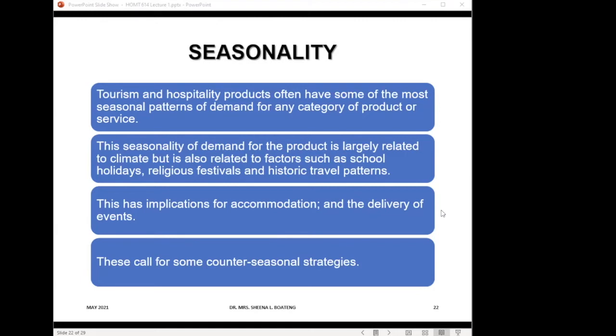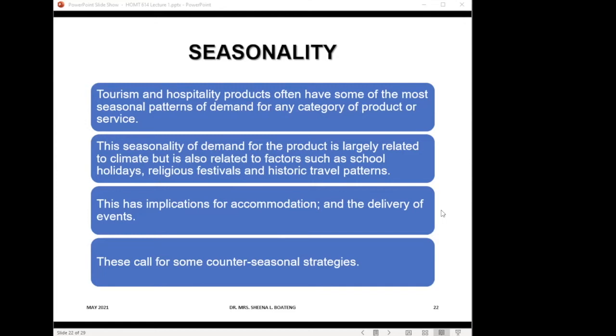Then religious festivals also account for some of this seasonality. So during the Hajj period, I'm sure in Mecca, everybody pre-COVID was anticipating the influx of all these pilgrims. And if they were offering accommodation, they were preparing, they were offering food, transport. I'm sure they were taking all this into consideration when planning and strategizing for that period. We can also look at historic travel patterns, which leads a lot of the hotels to plan for low peak and high peak seasons, right?